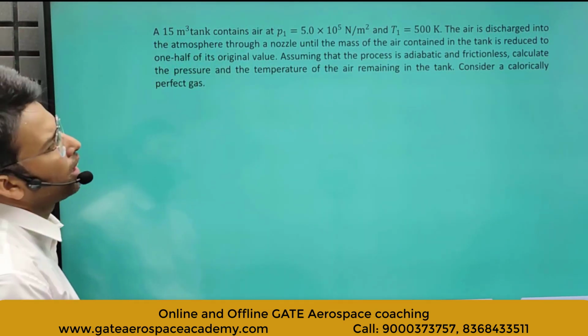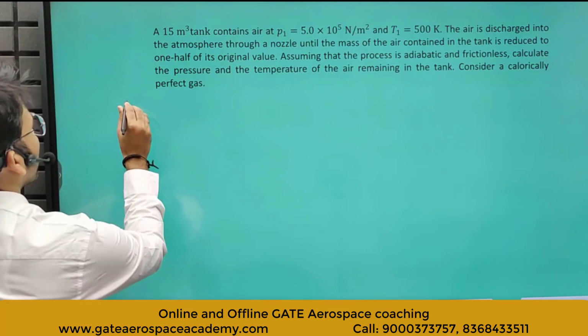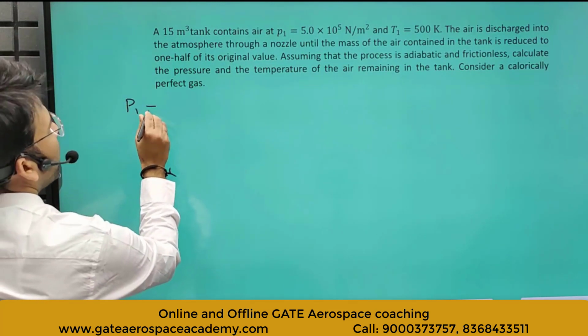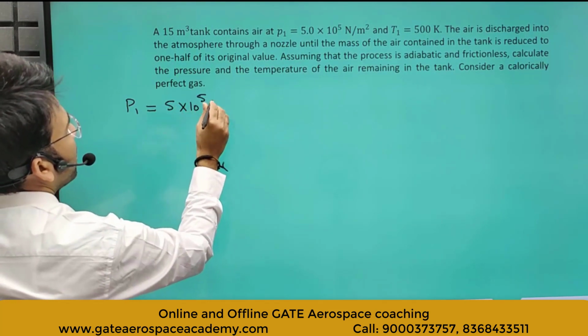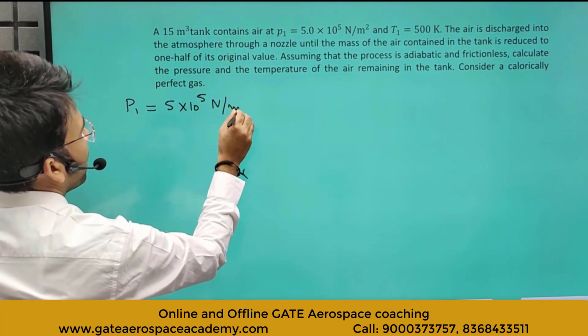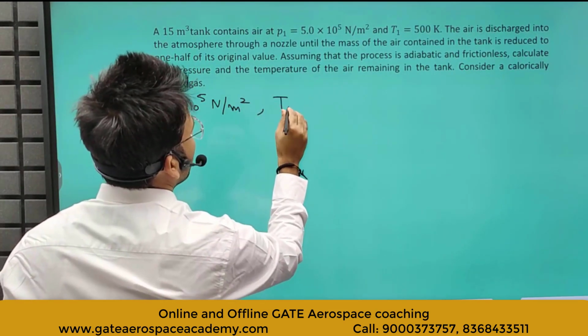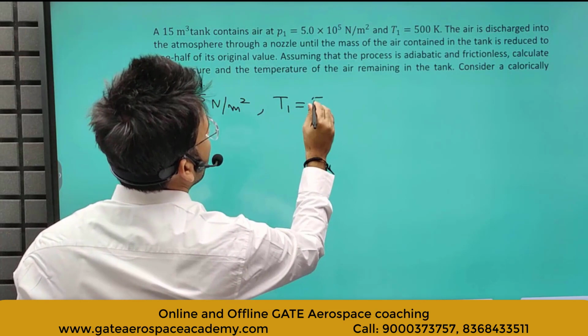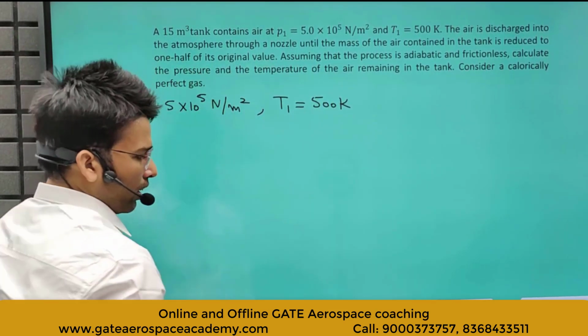Consider a calorically perfect gas, right? So P1 is equal to 5 into 10 raised to power 5 Newton per meter square. T1 is equal to 500 Kelvin, right?